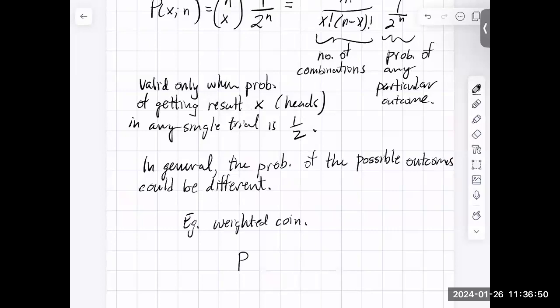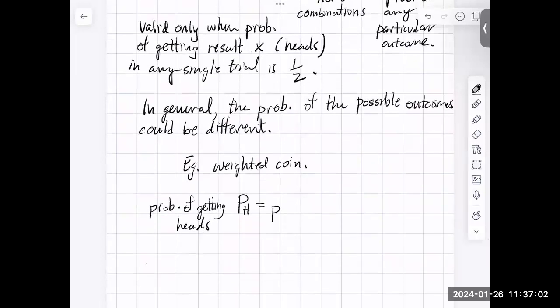If P heads is equal to P, so this is the probability of getting heads, and the probability of getting tails is P tails.